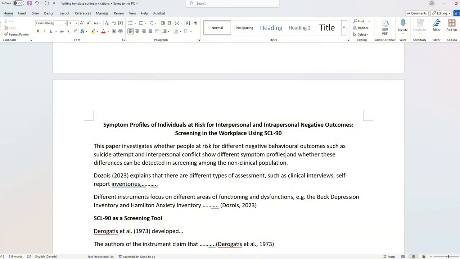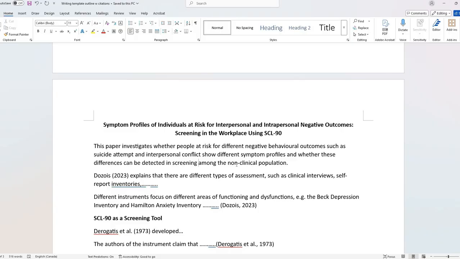Do people who have experienced suicide attempts show different symptoms from people who have experienced interpersonal conflict? I believe they do, but that's an empirical question. I'm interested in whether these differences can be detected in screening. Can we screen the people and detect their different symptoms related with suicide versus interpersonal conflict?